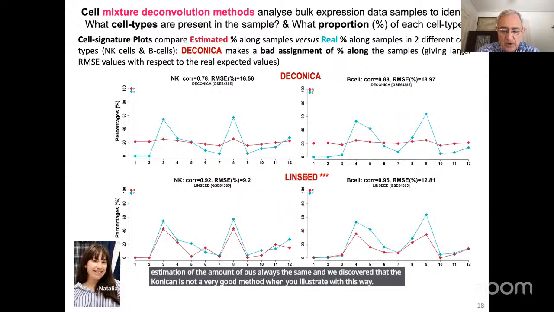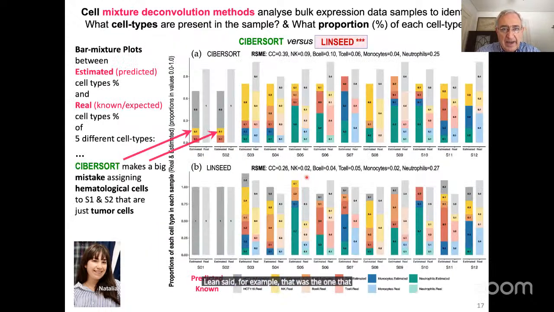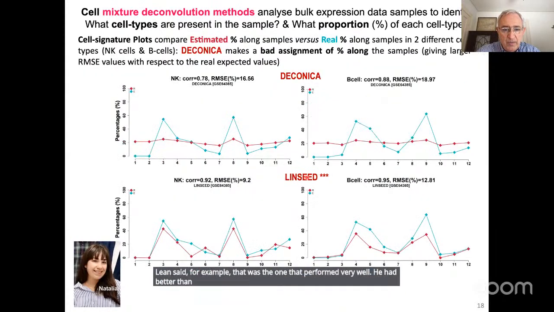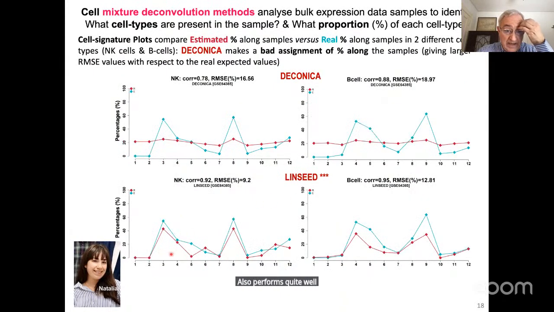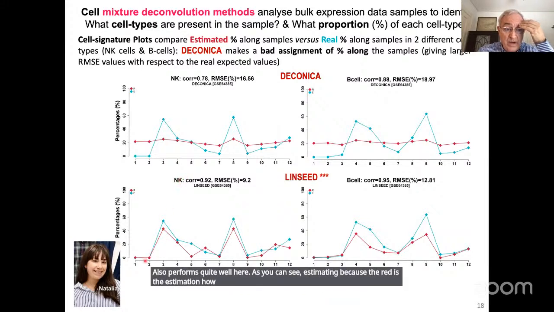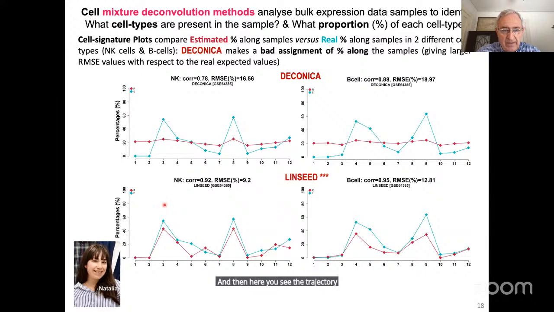Linset, for example, that was the one that performed very well here, better than Cibersort, also performs quite well here, as you can see, estimating, because the red is the estimation, how many NK cells do we have in the two first samples, none, and it estimates none. And then here you see the trajectory that is plotted for a given cell, NK cells or B cells, is very good in general. Again, the correlation is high and the root mean square error in proportion is also quite low.